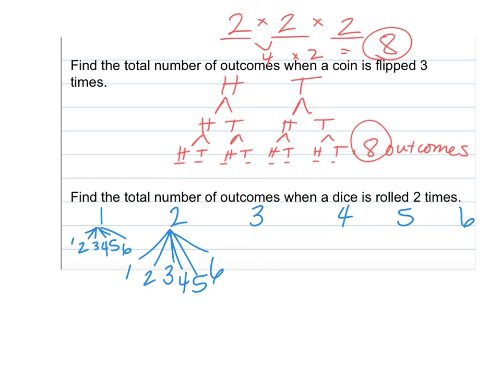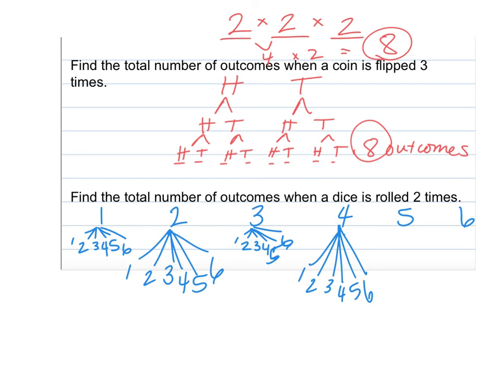But if you rolled a 3 the first time, you could roll a 1, 2, 3, 4, 5, or a 6. If you rolled a 4 the first time, you could roll a 1, 2, 3, 4, 5, or 6.